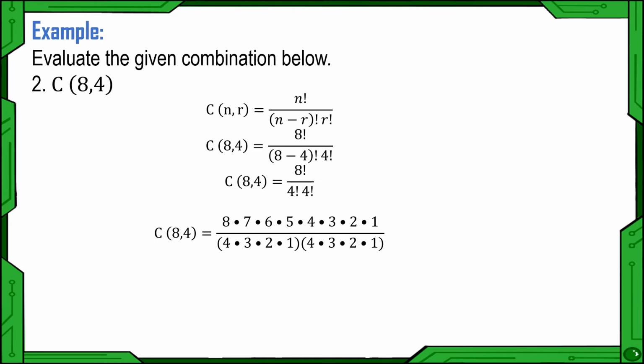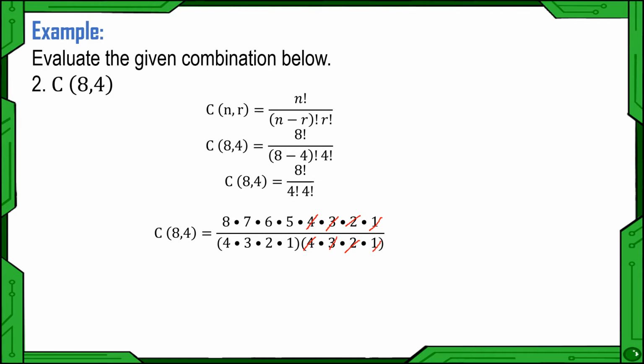You have noticed here in our numerator we have numbers 4, 3, 2, and 1, same with our denominator. So again, we can cancel this 4 for our numerator and 4 for our denominator, 3 for our numerator and also 3 for our denominator, 2 for our numerator and for our denominator, and then 1 for our numerator and another 1 for our denominator.